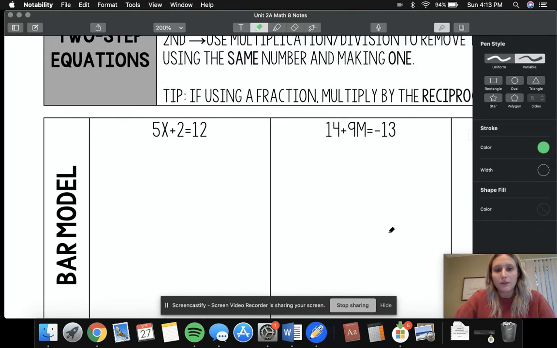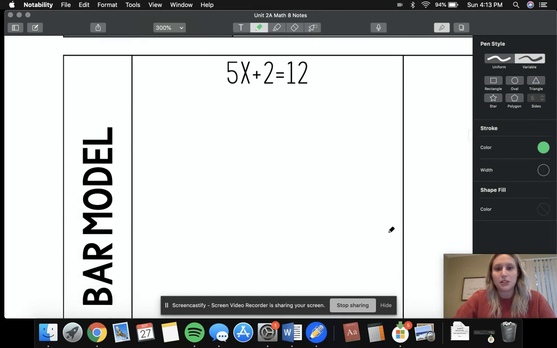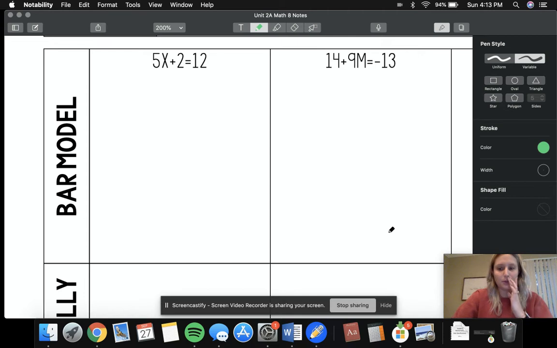The first thing I always do when I look at a problem is see, can I figure this out without doing any math? Can I use a problem solving strategy? So right now we have 5x plus 2 equal to 12. That's saying 5 times some number, plus 2, has to equal 12.